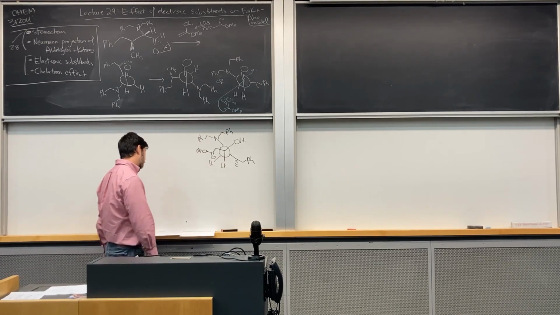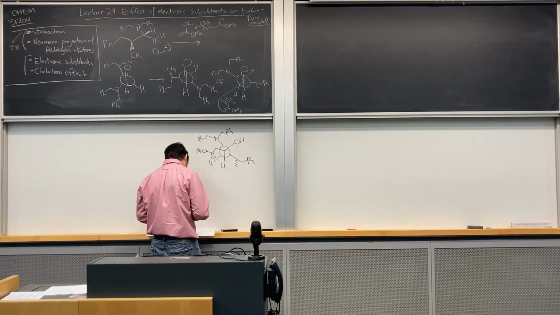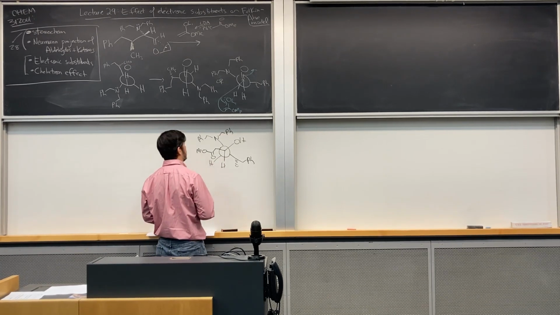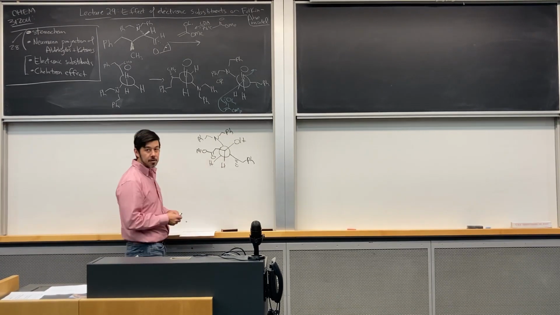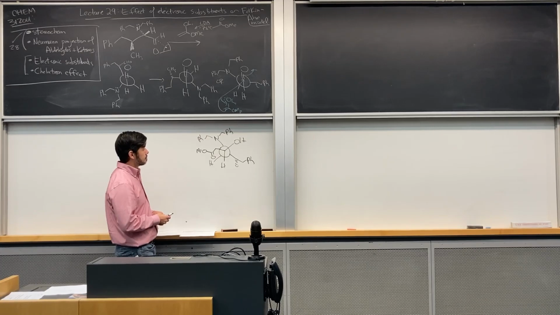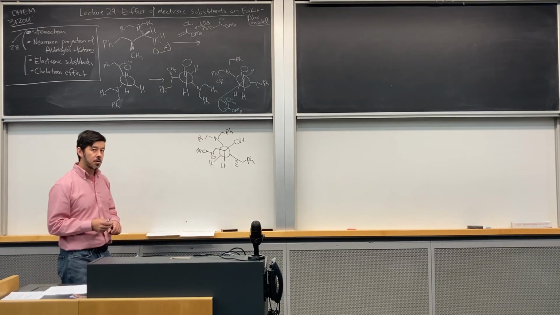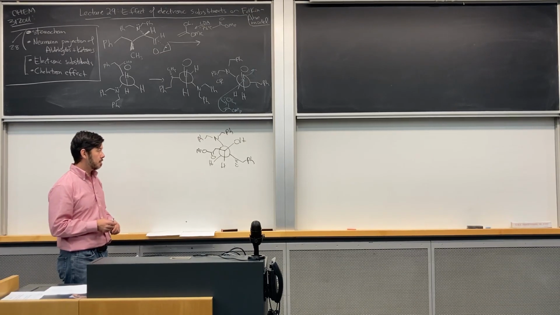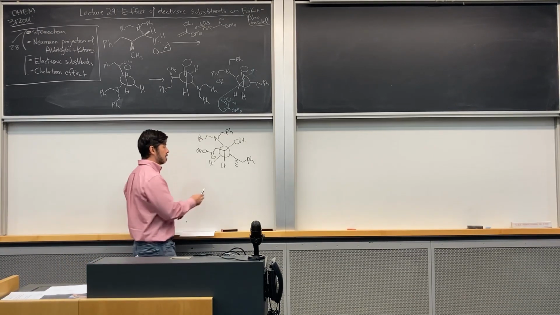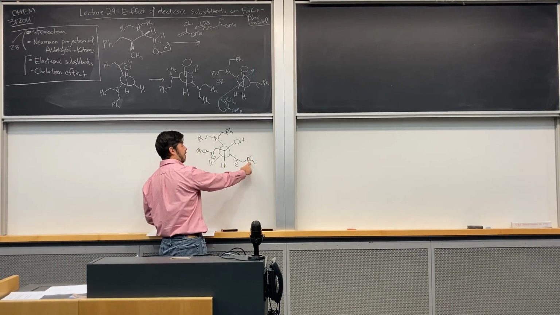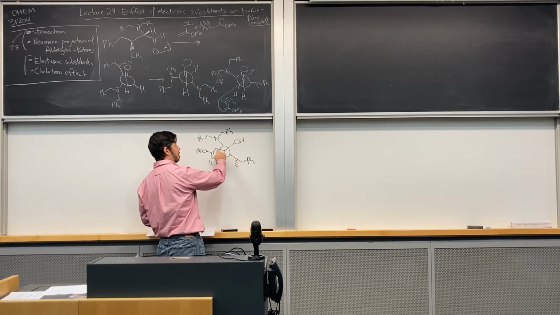Okay, so if we translate this to something that's either syn or anti, first we need to see whether the longest carbon chain is in the plane of the page. If we do that, you can see we start with phenyl, carbon, carbon, carbon, carbon.